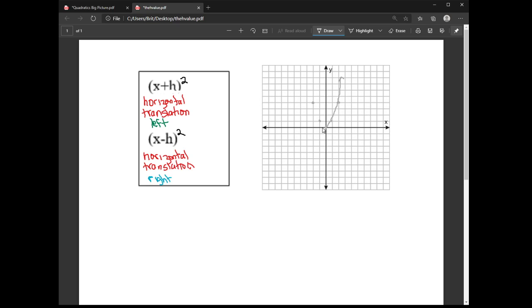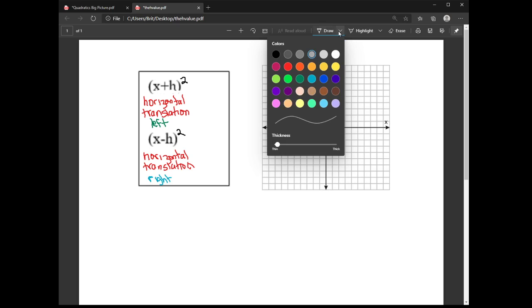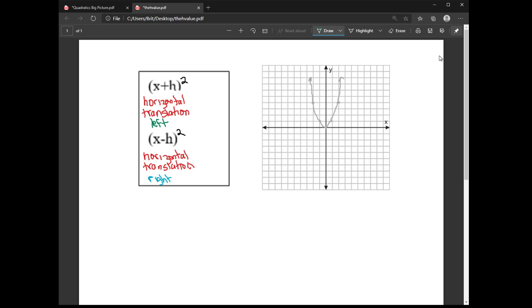So here is my parent function of a parabola. So let's start with the example of y equals x plus 4 squared. Now remember, that's the same thing as x minus negative 4 here inside the parentheses.